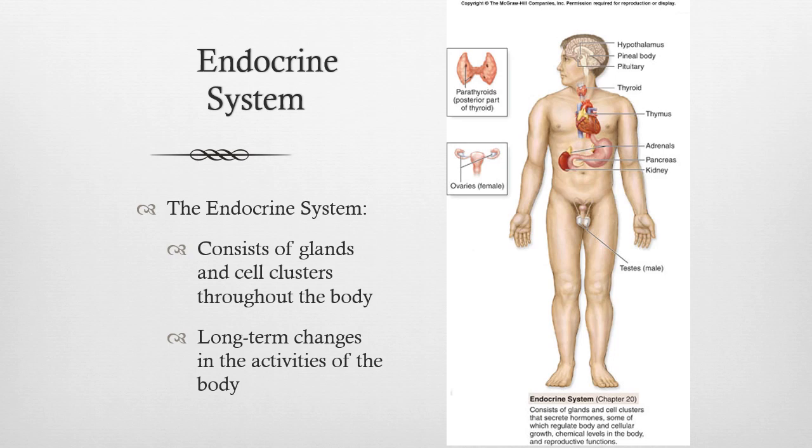Instead of having a centralized system like in the nervous system, where we have the brain and the spinal cord, here there's no kind of centralization. We've got endocrine organs that are basically all over the body, found in different areas, and getting to their target organs can mean traveling very far.